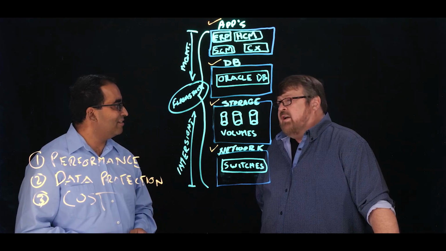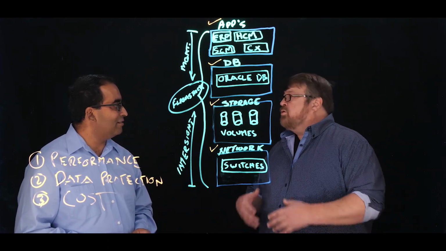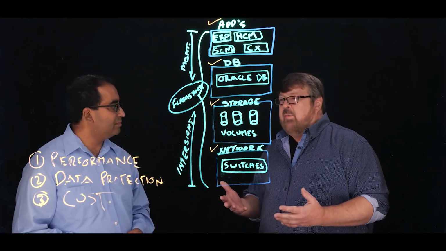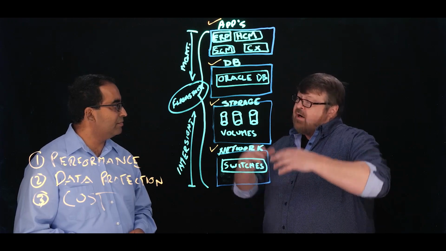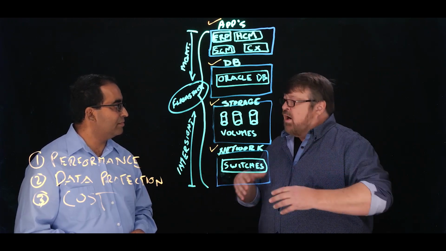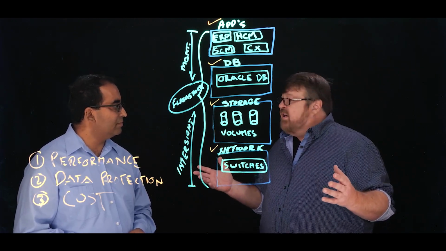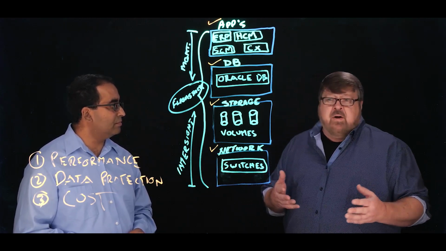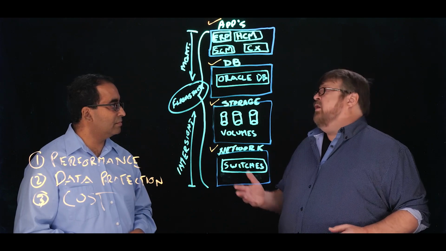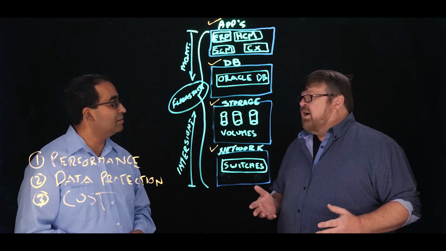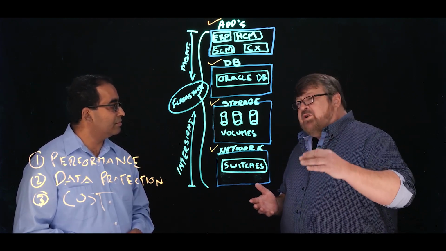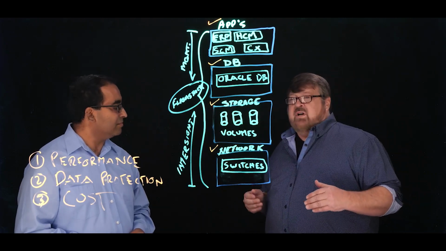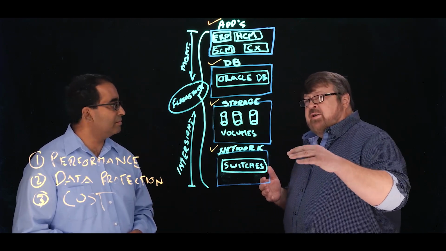And FlashStack again plays perfectly into those solution requirements. Start with the macro costs, the ROI costs. IDC did a study where they interviewed FlashStack customers and on average found over 400% return on investment buying FlashStack. And we talked early on at the beginning of this presentation about the different layers.